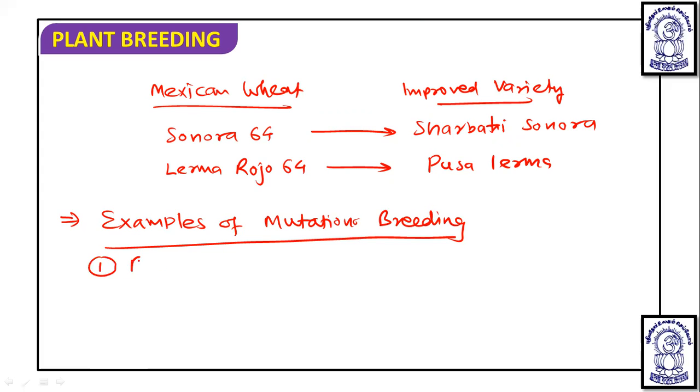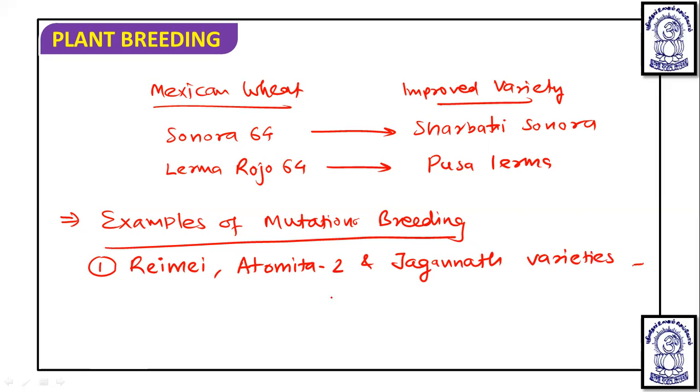The first is Reimei, Atomita 2 and Jagannath, varieties of rice.